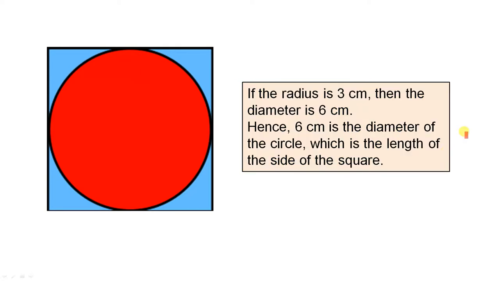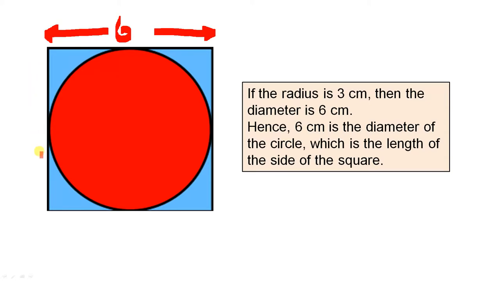If the radius is 3 centimeters, then the diameter is 6 centimeters. Hence, 6 centimeters is the diameter of the circle, which is the length of the side of the square. In other words, over here, from there, and right back to here, we have 6 centimeters.